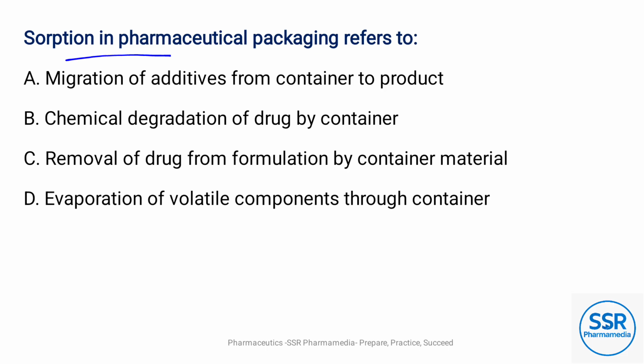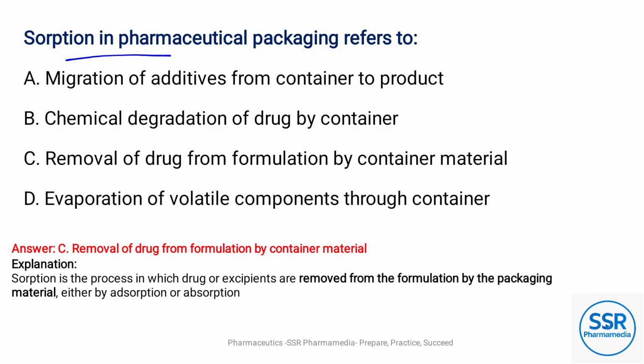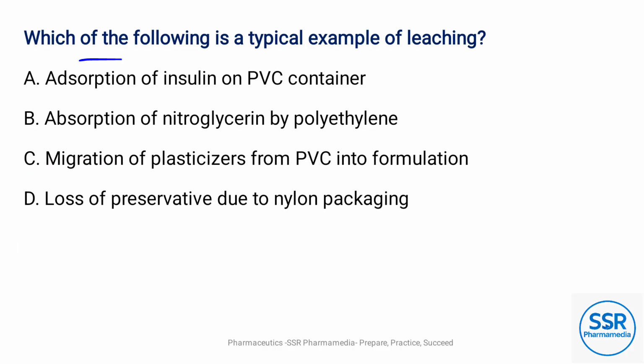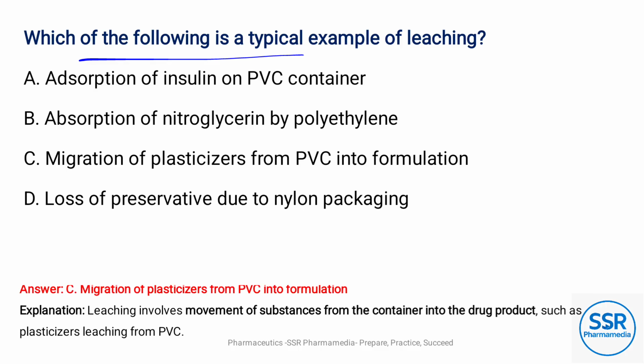Sorption in pharmaceutical packaging refers to, so option C, removal of drug from formulation by container material. Which of the following is a typical example of leaching? So option C, migration of plasticizer from PVC into formulations.